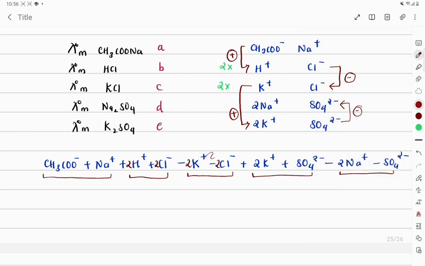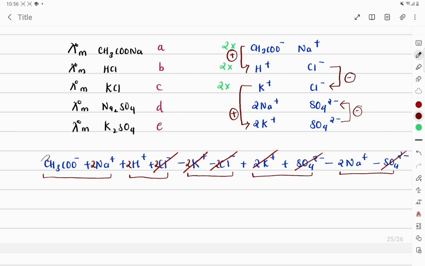Okay, done. Next, what did I cancel out here now? I was able to cancel out 2K plus, 2K plus, 2Cl minus, 2Cl minus. Now the sulfates, if I see, are also the same. Now I have only Na plus remaining, but for Na plus, the problem is 2 Na plus and 1 Na plus. So that 1 Na plus I have to convert into 2 Na plus, and that has come from the CH3COO minus Na plus combination. So that both should be multiplied by 2.